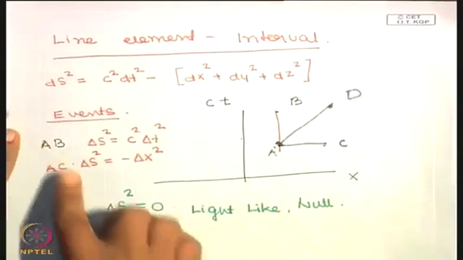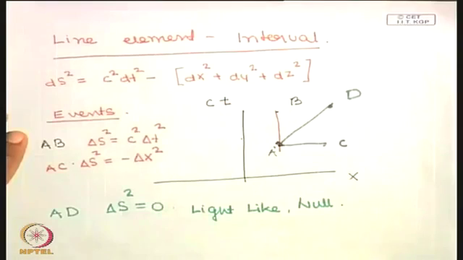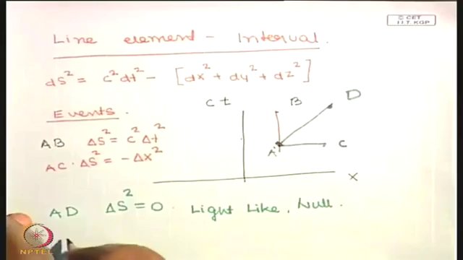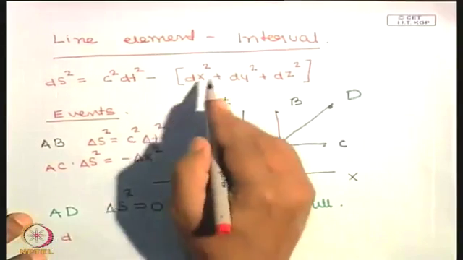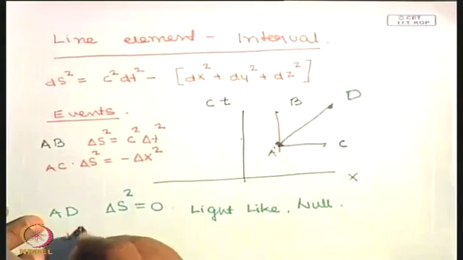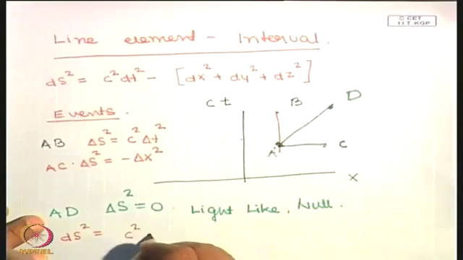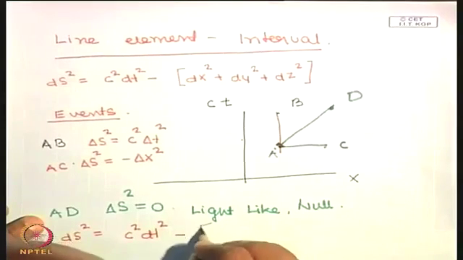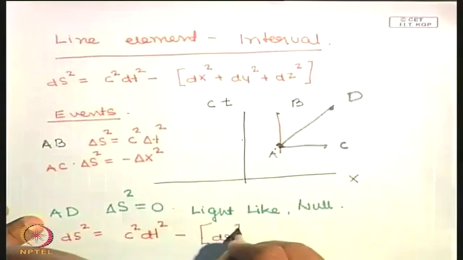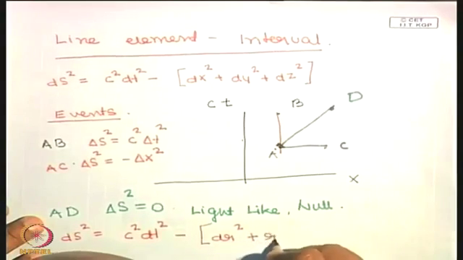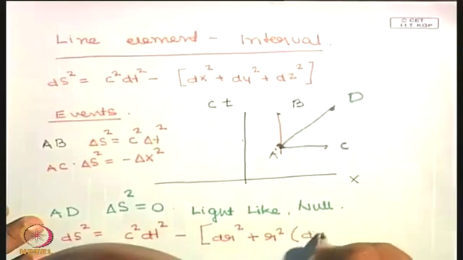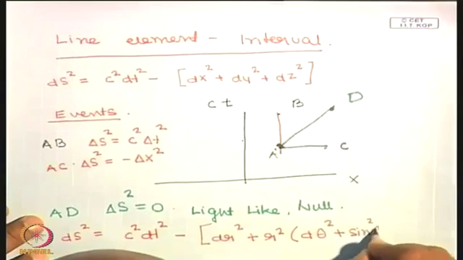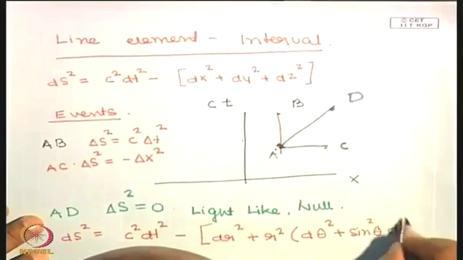Now, this is briefly what is meant by an interval, and the same thing can also be written in spherical polar coordinate system. So, let me write it here. If instead of using Cartesian coordinate system, I can also use a spherical polar coordinate system, where this can be written as c square dt square minus dr square plus r square d theta square plus sine square theta d phi square.